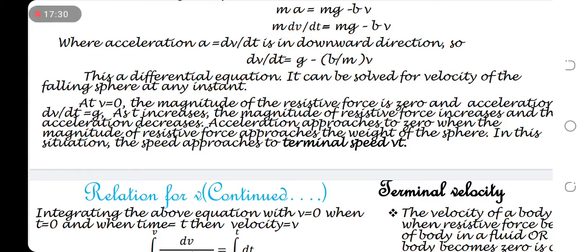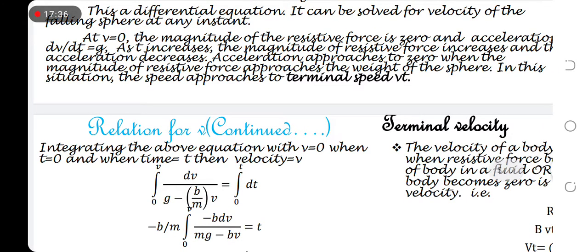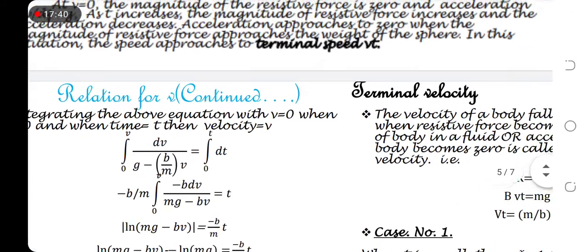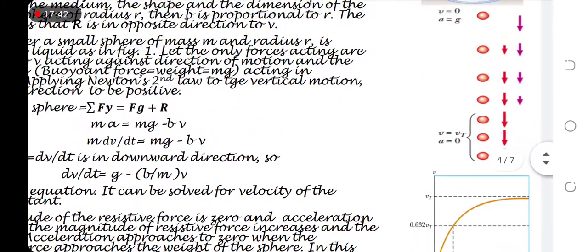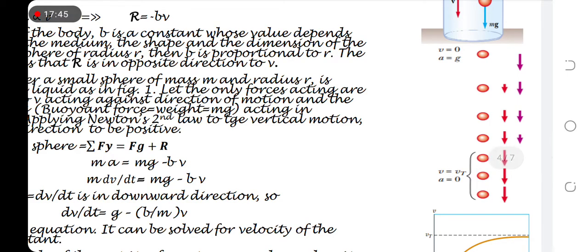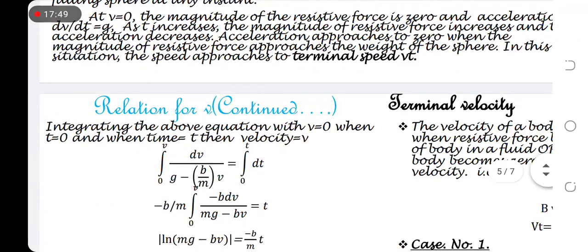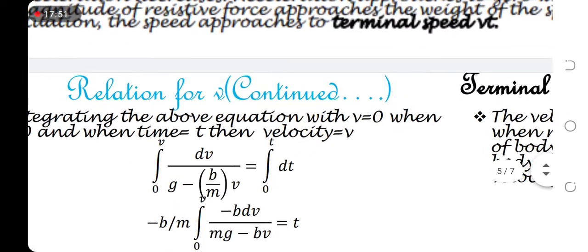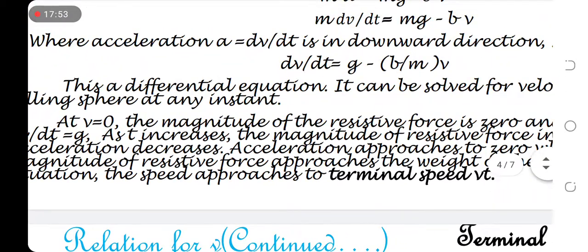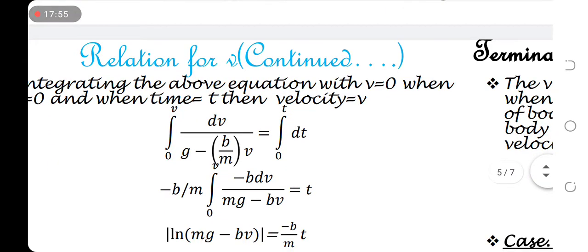In this situation, the speed approaches the terminal velocity. V is the velocity and t is written as a subscript. We can see here the terminal velocity is written by Vt. The relation is continued as the slide changes.